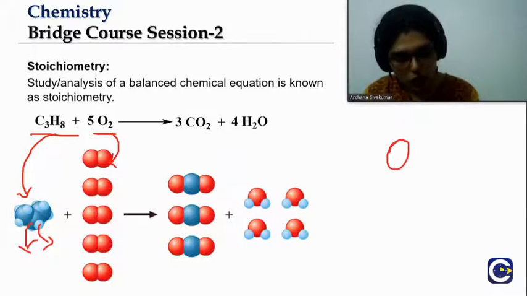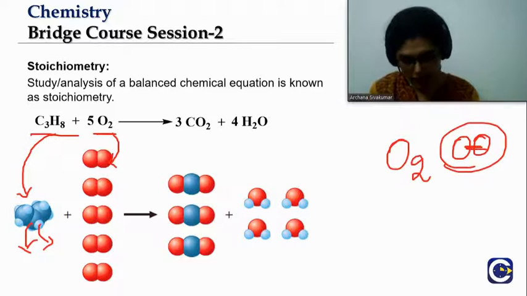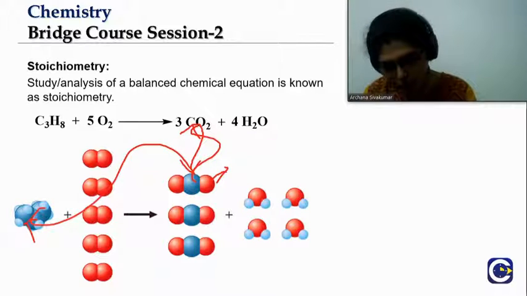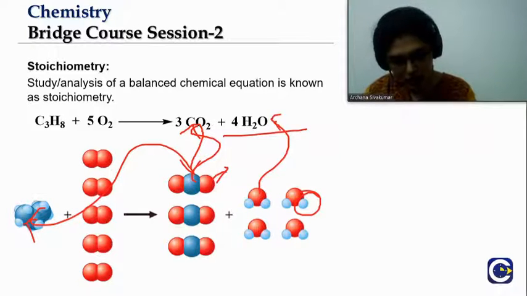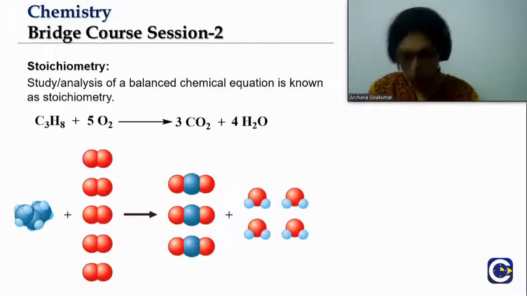As we know, for oxygen gas, oxygen and oxygen exist together and form a bond, isn't it? And in CO2, the oxygen is represented in red color and the blue one is carbon, similar to what is present in propane. And for water, the hydrogen is represented in the light blue color and oxygen in the red color.